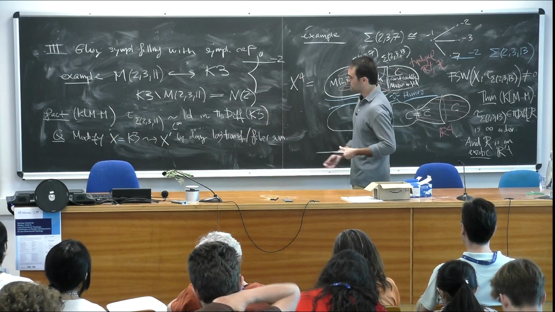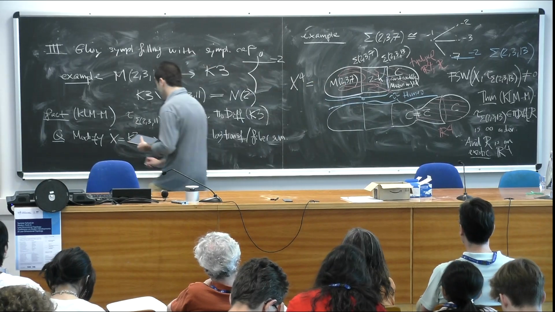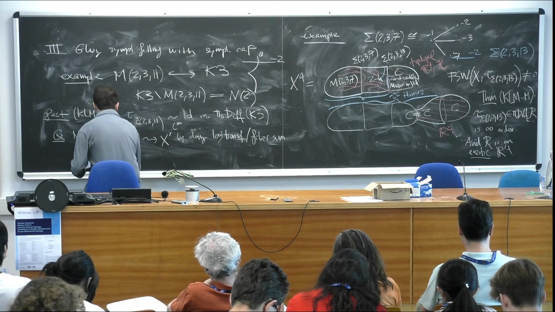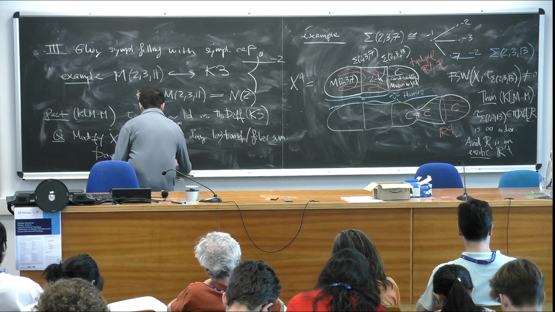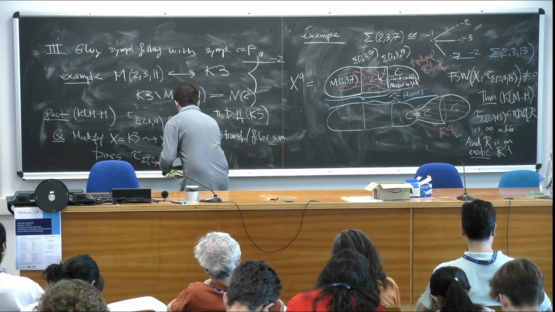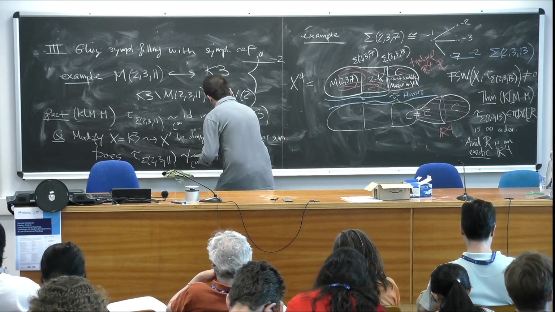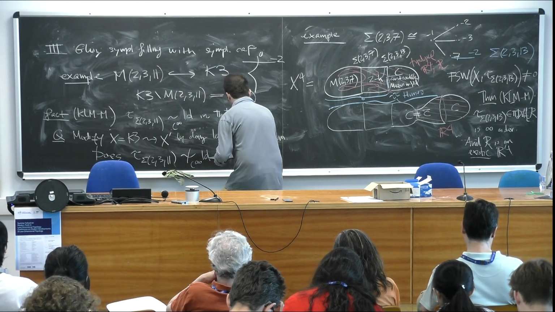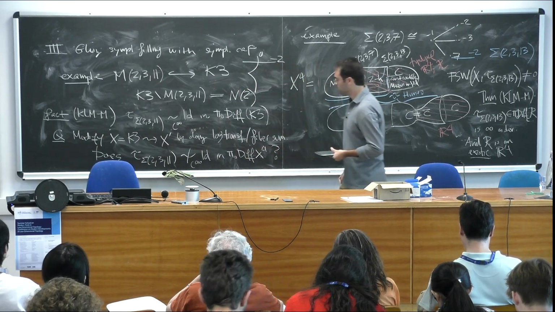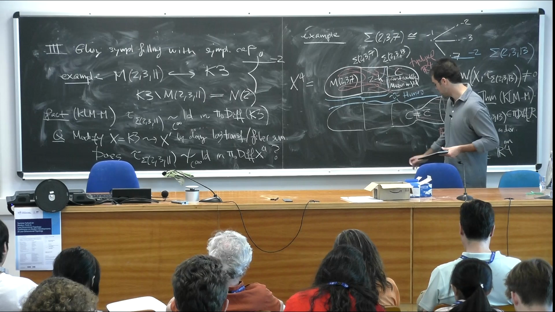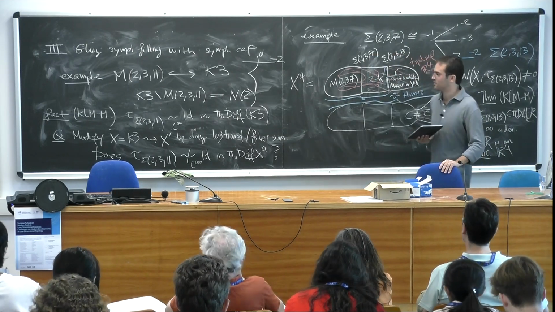Does the Dehn twist remain non-trivial after you do such operations? Does the Dehn twist become non-trivial in the mapping class group of the new 4-manifold? I don't know, and it would be great if someone figures this out. And I think my time is up, so I'll leave it there, and thanks for listening.